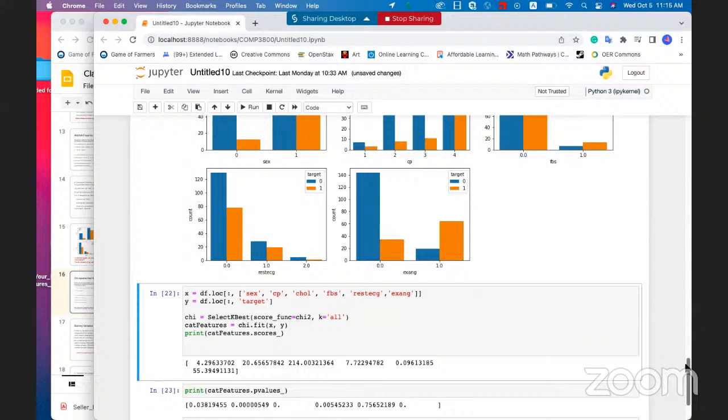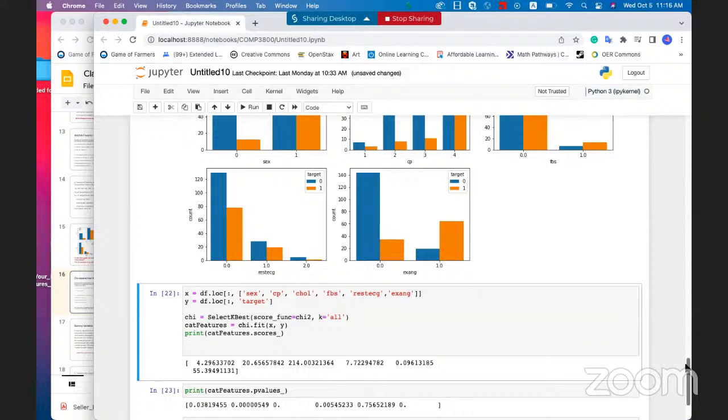Same with the p-value. If the p-value is smaller than 0.05, then we reject the null hypothesis and accept that this variable is influential for the target variable.